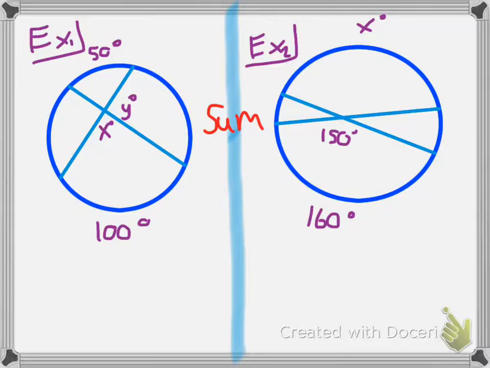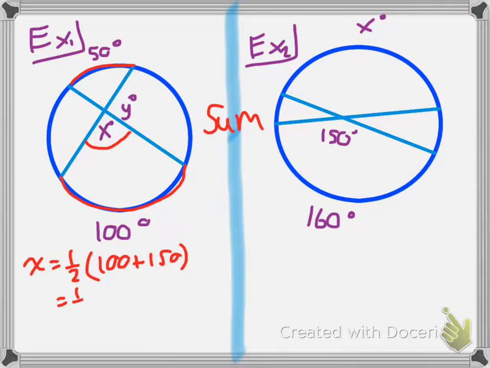But in this example 1 here, if we're trying to solve for angle x, well, this is just direct use of the proof, right? It says that x is half of the sum of the intercepted arcs, so this arc here and this arc here, because those are the ones that are intercepted. So we just do half of 100 plus 150, which gives us half of 250, which means it's 125 degrees. Wait, pretty straightforward there.